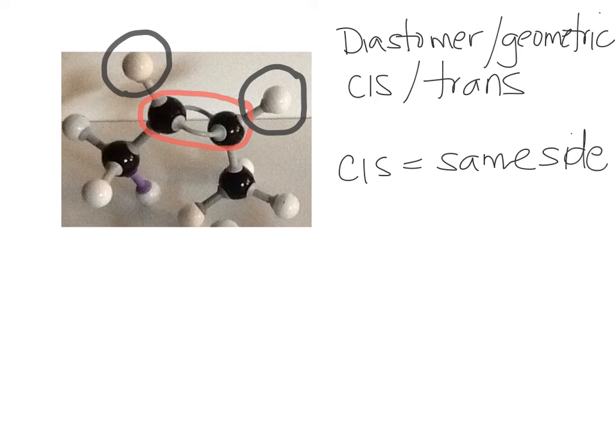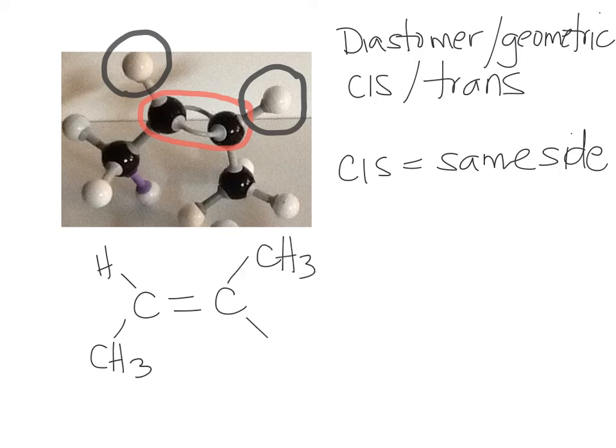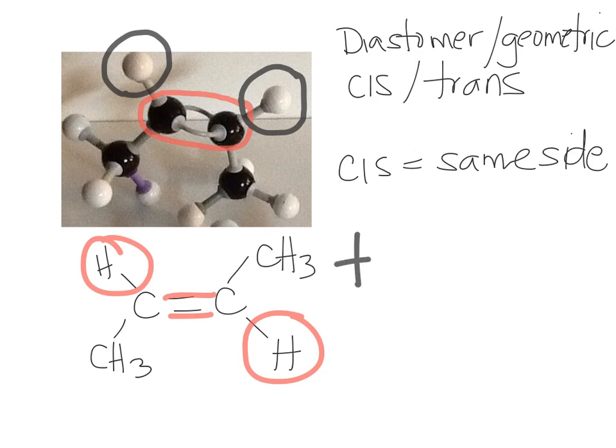And if the hydrogens are on the opposite side, so if this had the CH3 or the methyl group going up and the hydrogen going down, the hydrogens would be on opposite sides of the double bond, so that would be a trans isomer.